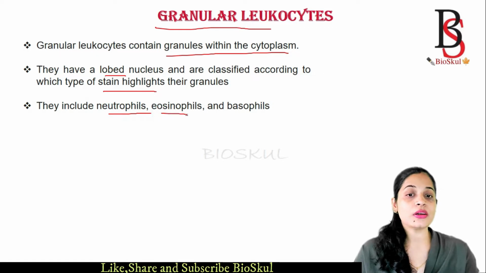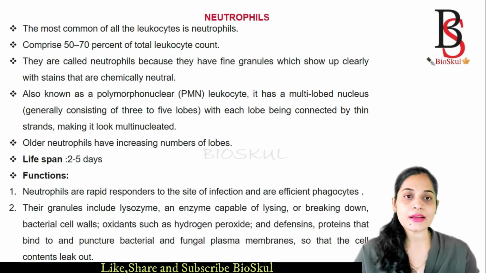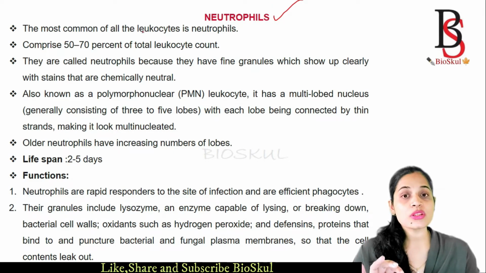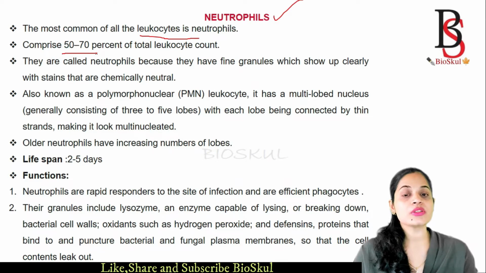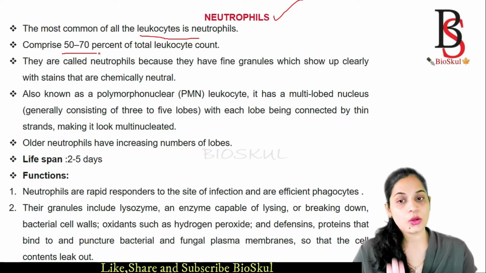That includes the neutrophils, eosinophils and basophils. So first we will look into neutrophils. Neutrophil is the most abundant leukocyte and it comprises 50 to 70% of the total leukocyte count.